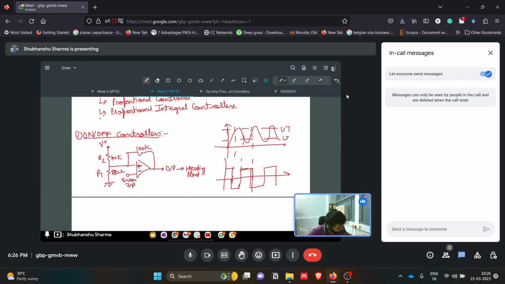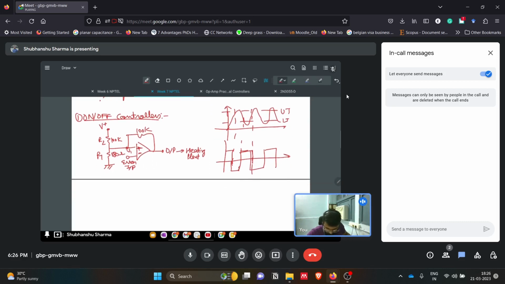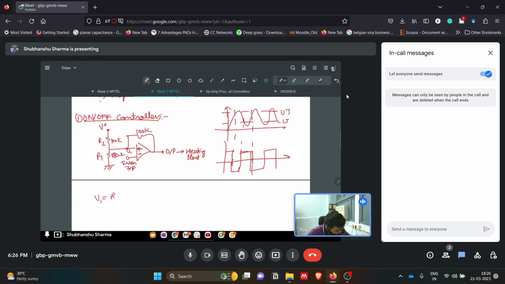The V1 input is given by V1 equals R equivalent by R3 times V01 plus R equivalent divided by R1 times V plus. So this is the relation for the threshold limits.